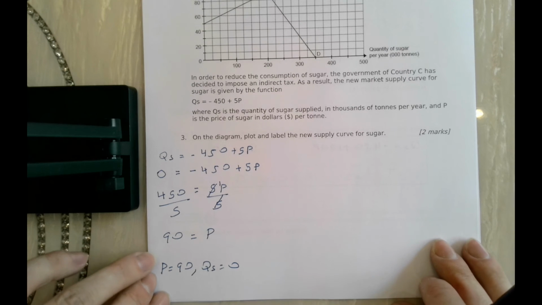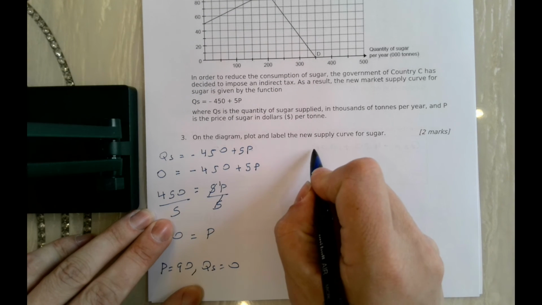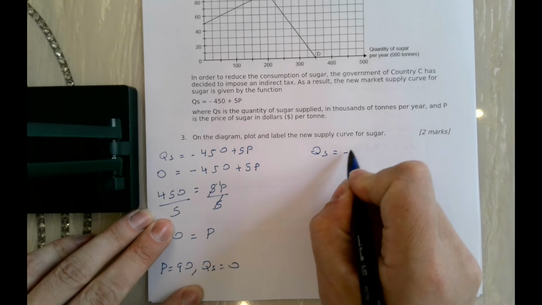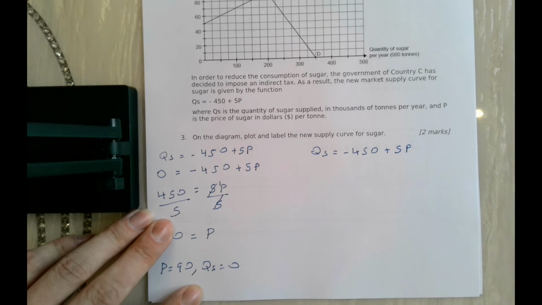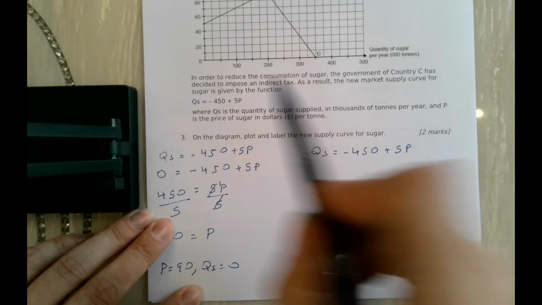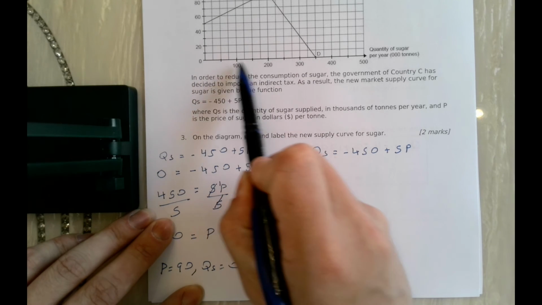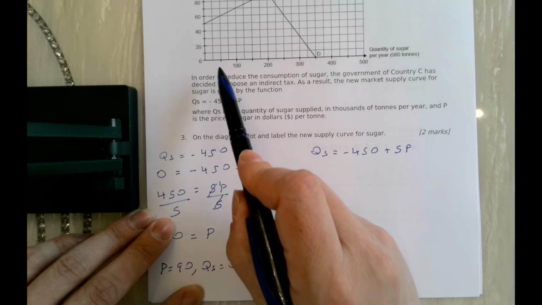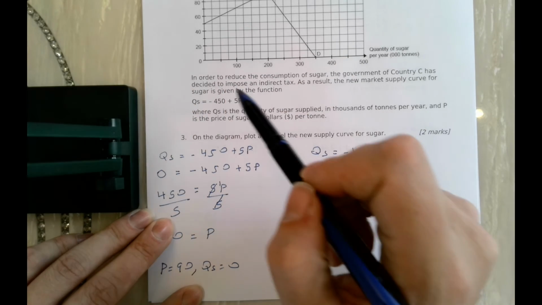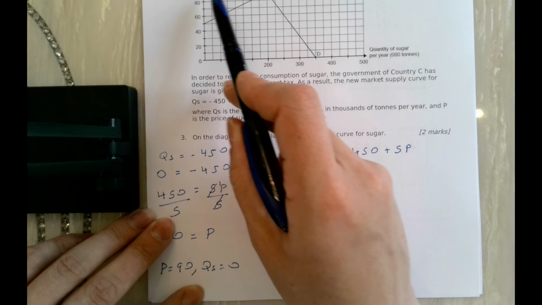We still have QS equals minus 450 plus 5p, no problem there. And now I'm just going to choose a number that will give me an accurate point, and what I mean by an accurate number is one that is marked out on the graph by a line here, and one that is marked out on the graph by a line here.